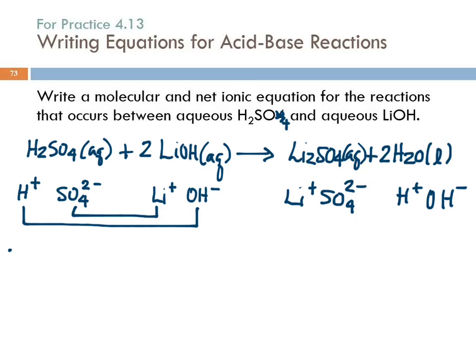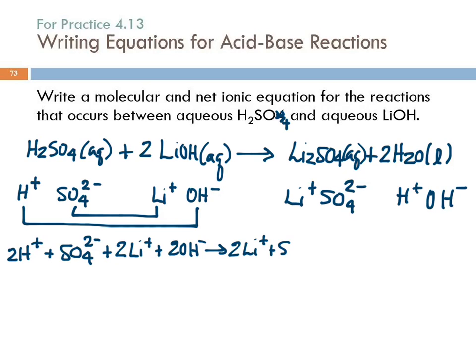From this, I'm going to get 2 H pluses and an SO4 2 minus. And then I'm going to get 2 lithiums and 2 hydroxides. And then over here, I'm going to have 2 lithium ions and a sulfate.